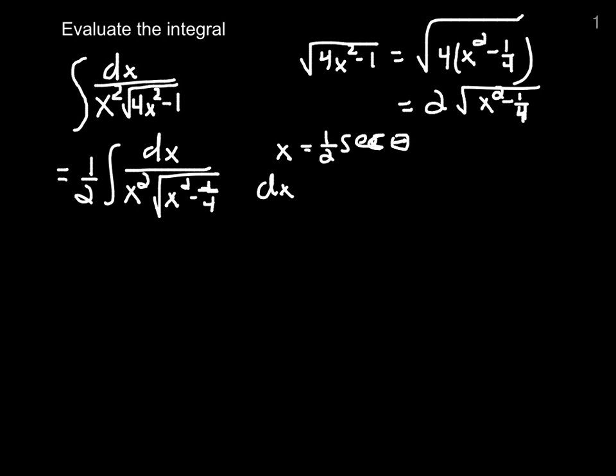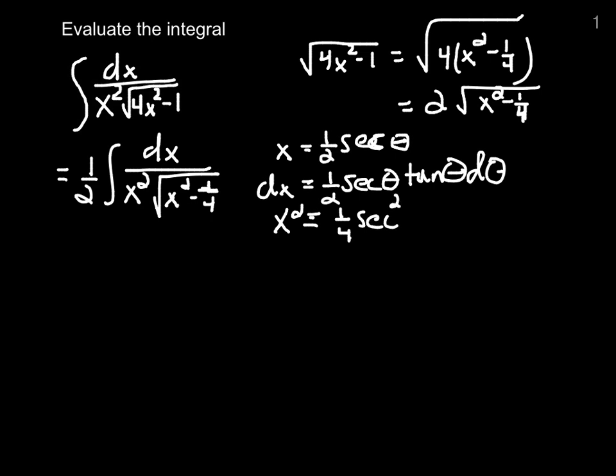Dx will be 1/2 secant theta tangent theta d theta, and x squared is going to be 1/4 secant squared theta, and the radical is going to be a tangent theta, or 1/2 tangent theta.